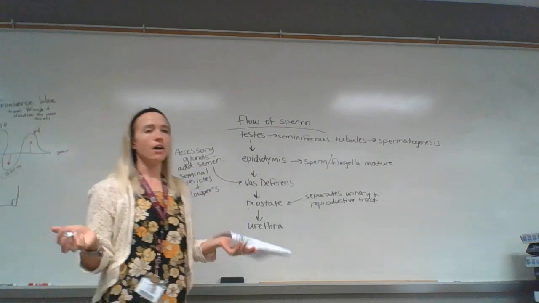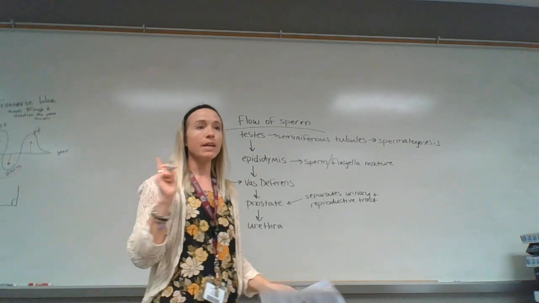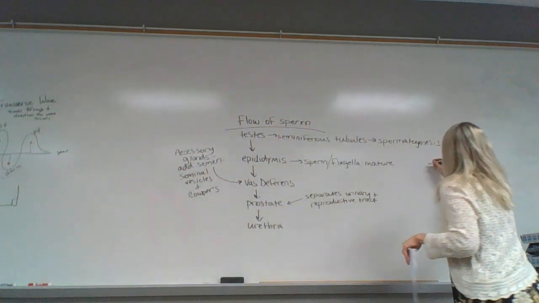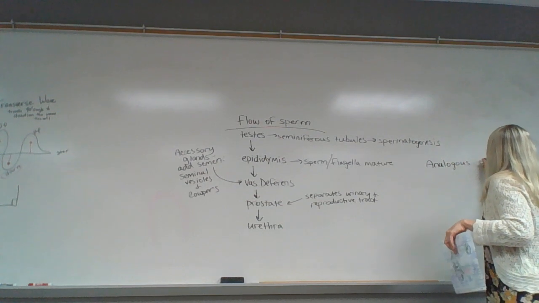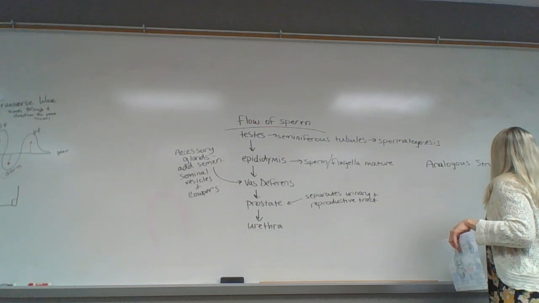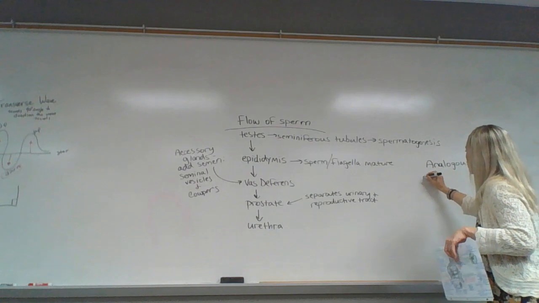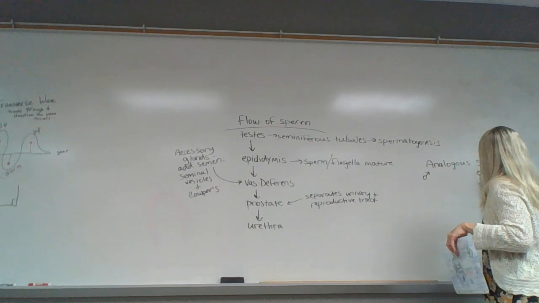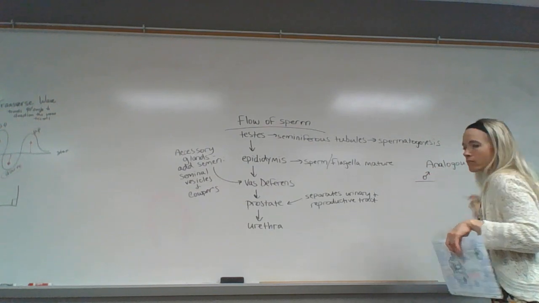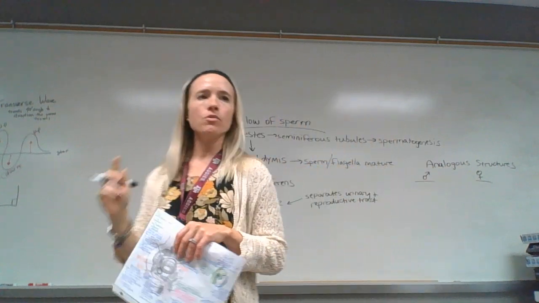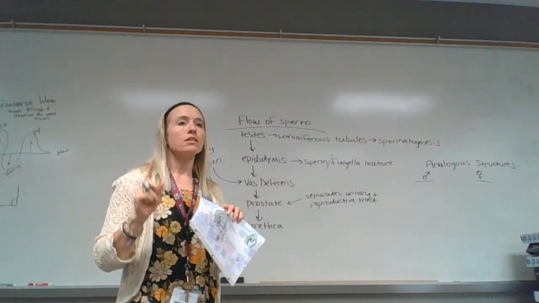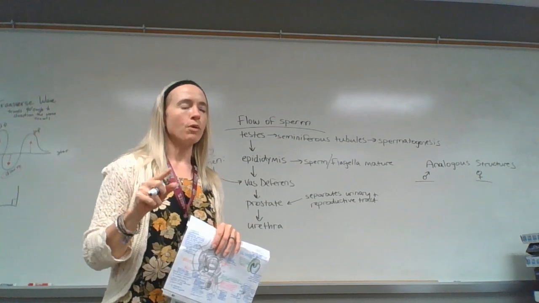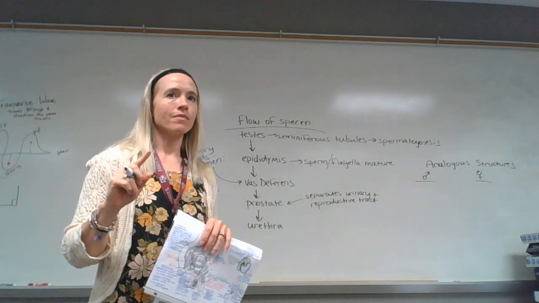So, speaking of female and male structures, let's talk about analogous structures. Male and female. You need to make sure that you know what the analogous structure is in males and females. Did everyone watch the 1.5-minute video, We Were All Female? Most of you did.